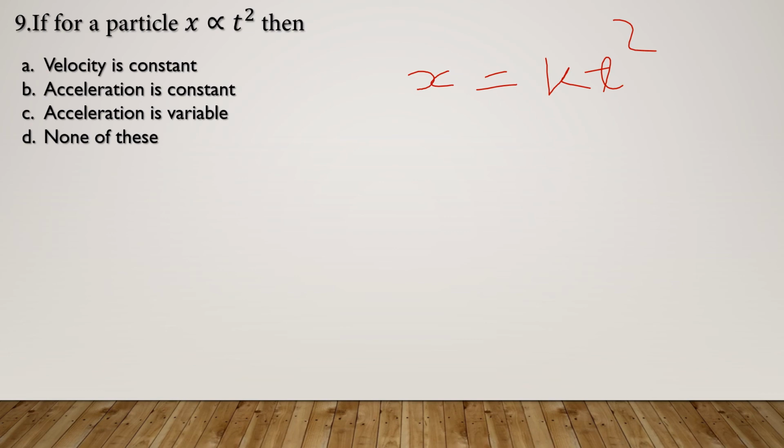It indicates that it is a parabola, so it is an equation for a parabola. So if the xt diagram is parabolic, vt diagram will be an inclined line, and at diagram will be a line parallel to x-axis, and that is why the correct option for this question is option B, acceleration is constant.